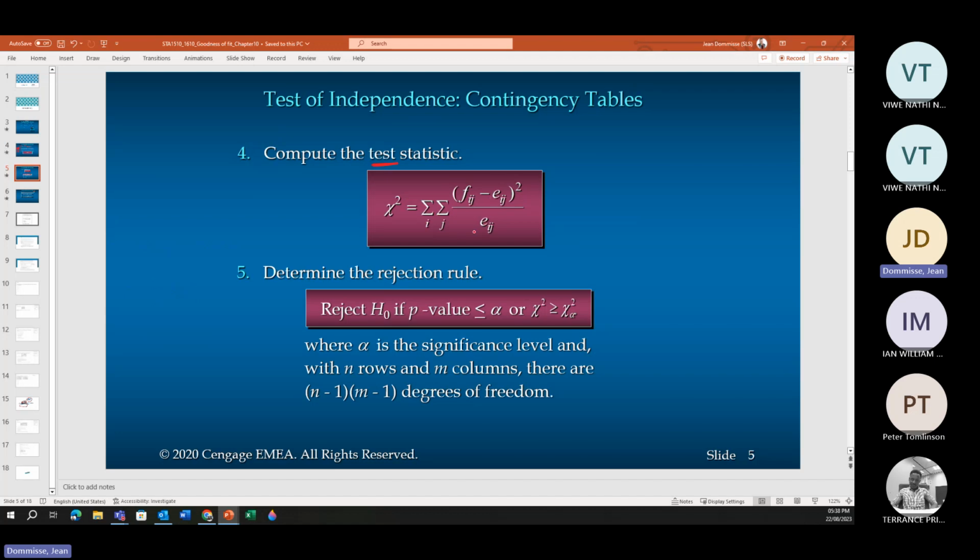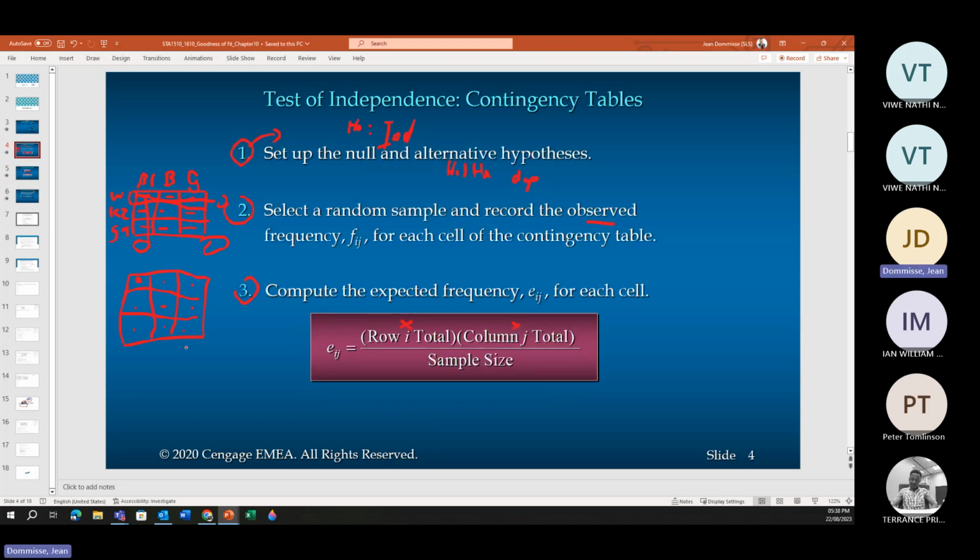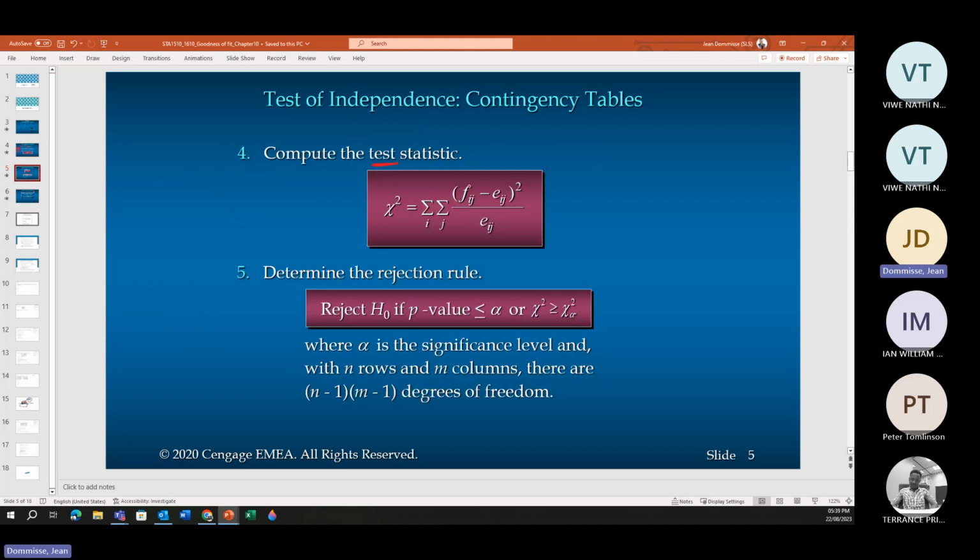So once again, we'll show you in Excel, because if you now need to work that out, you needed to say this number minus that number to the power of 2 divided again by this number for all 9 of them. So it becomes a real long way to work it out. So again, I'll show you in the Excel how to do it.